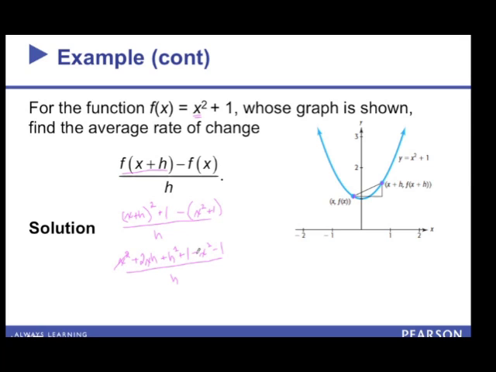They're gone. We'll have a 2xh plus an h squared, then plus 1 minus 1 all over h. Since h is a factor of the numerator, we can factor it out: h times 2x plus h is the numerator, divided by h. Now these can cancel out, and my difference quotient is 2x plus h.